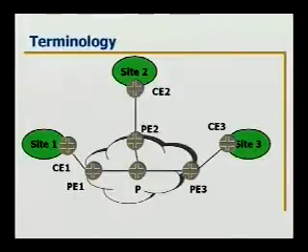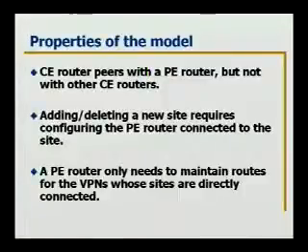So we have CE routers peering with PE routers, and they don't peer with other CE routers. So the properties of the model are that we have CE routers peering with PE routers, but not with other CE routers. And when adding or deleting a site, all it means is we need to configure the PE router connected to the site.